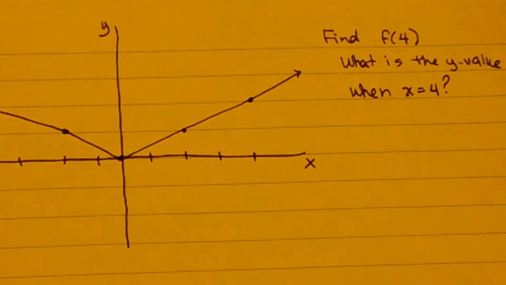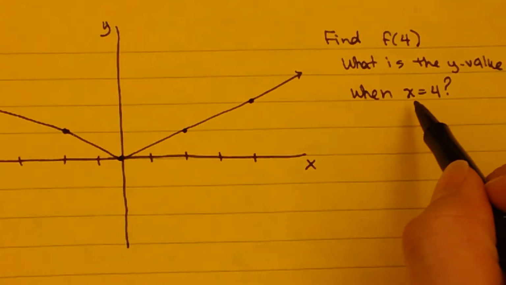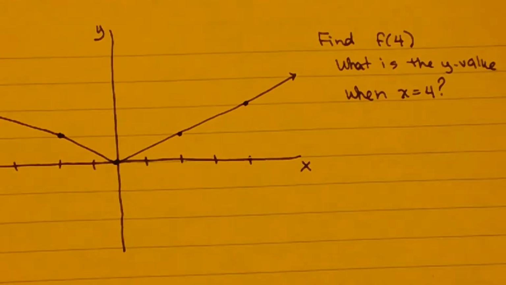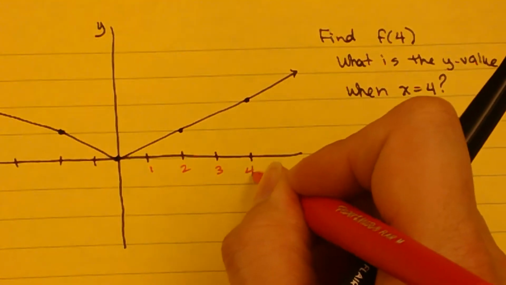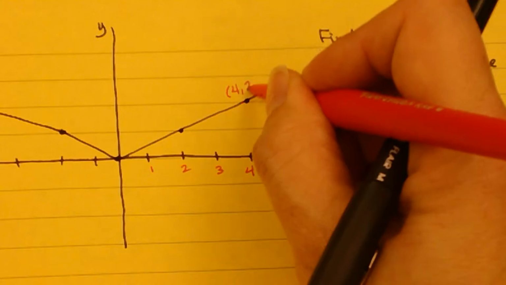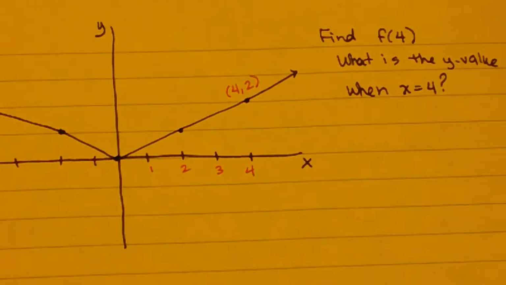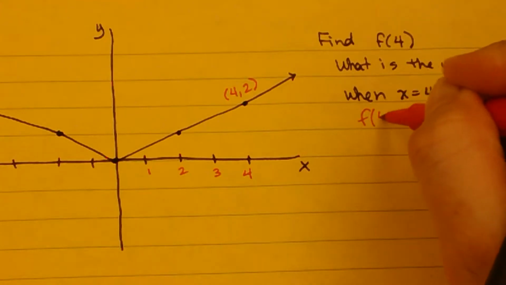Okay. That's the question that's being asked. So when we look at our graph, we're going to find where x equals 4 on our picture. So we go over 1, 2, 3, 4. At x equals 4, the y value on the picture is 2. So f of 4 would equal 2.